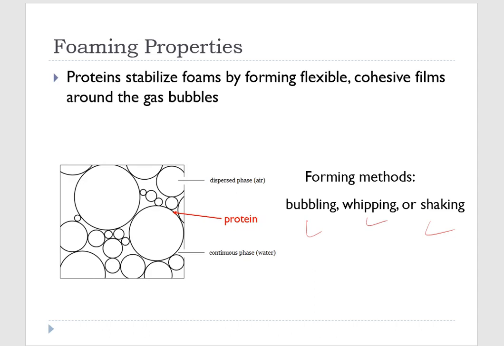Different proteins have different abilities to form and stabilize foams. For a protein to have superior foaming properties, it must possess high solubility in the liquid phase, as well as the ability of quickly forming a film around the air bubbles in the food system.